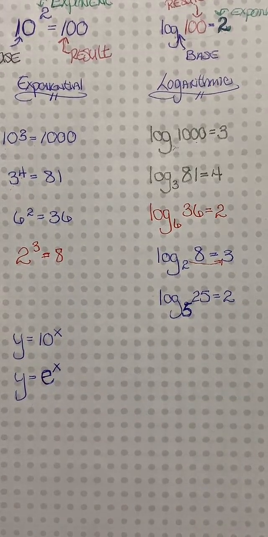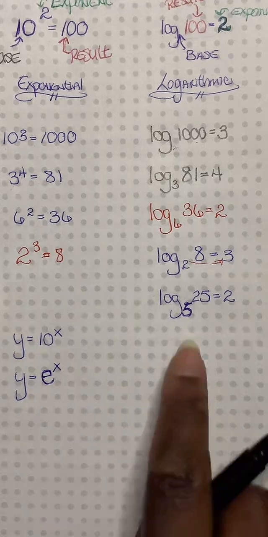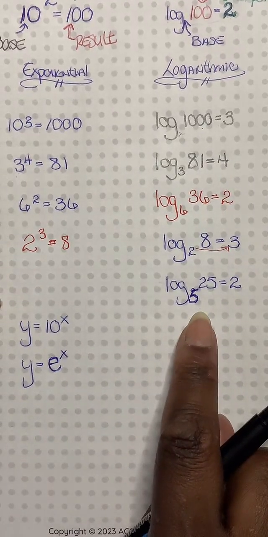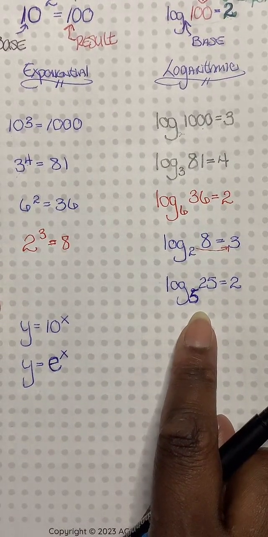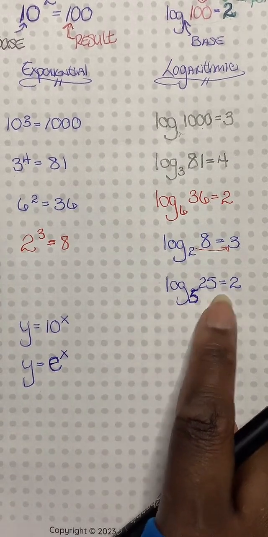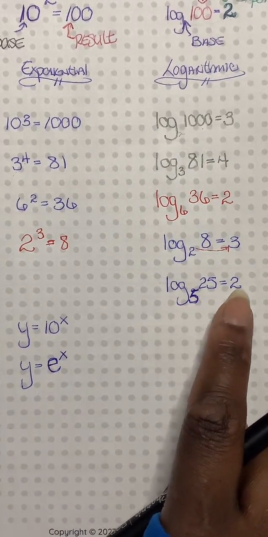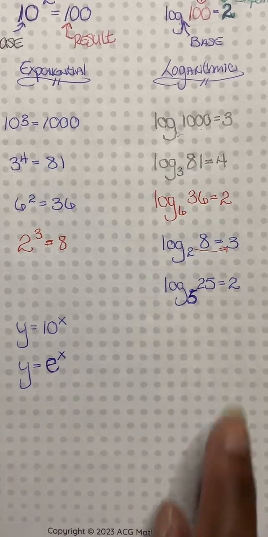All right. So give the next one a try. Log base 5, 25 equals 2. What would that be as an exponential?